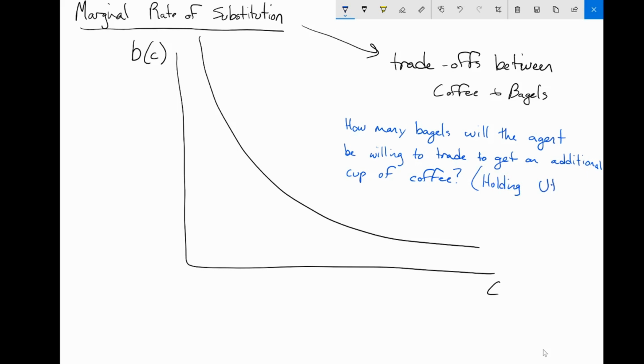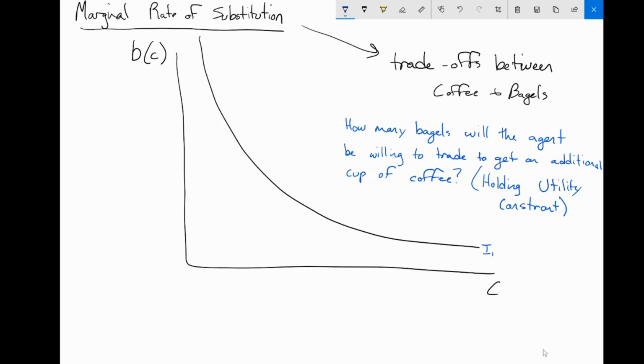So this is utility constant. This is just pure trade. How many bagels would you be willing to trade to get an additional cup of coffee if this indifference curve is describing your preferences for the two?